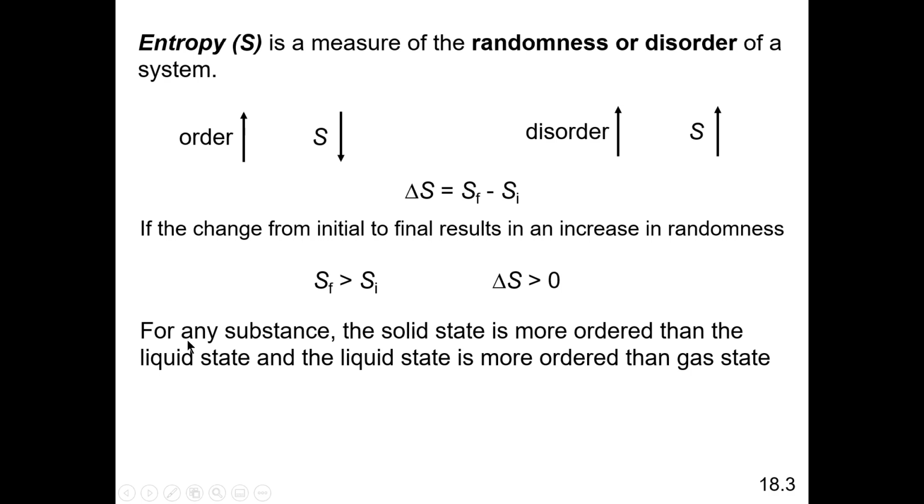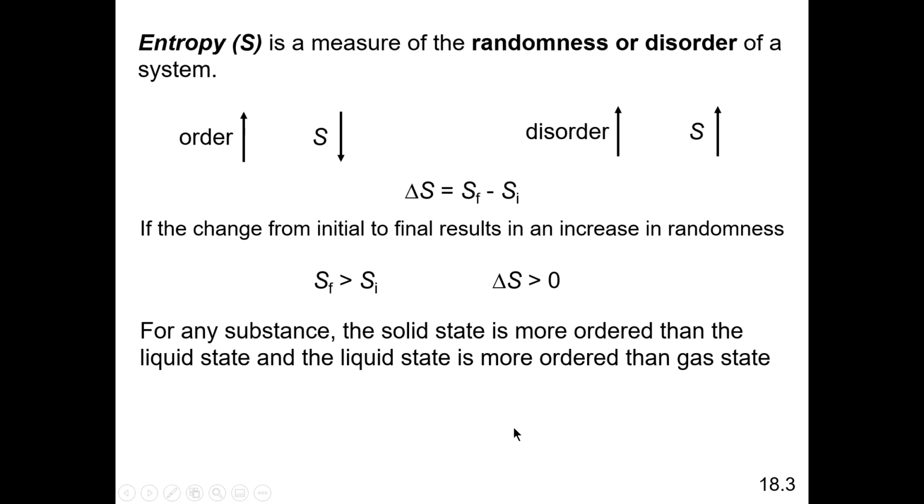So, as an example, if you take any substance, one can see, based on our knowledge of how atoms are arranged in the solid, liquid, or gaseous state, we can therefore come to the conclusion that the solid state is more ordered than the liquid state, which in turn is more ordered than the gaseous state.